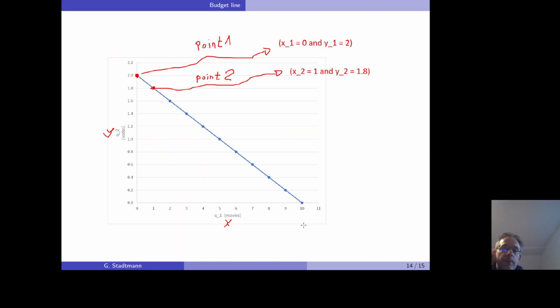Let's go back to our budget line. I put the y variable on the vertical axis and the x variable on the horizontal axis. Point 1 is x equal to 0 and y equal to 2. Point 2 is x equal to 1 and y2 equal to 1.8.